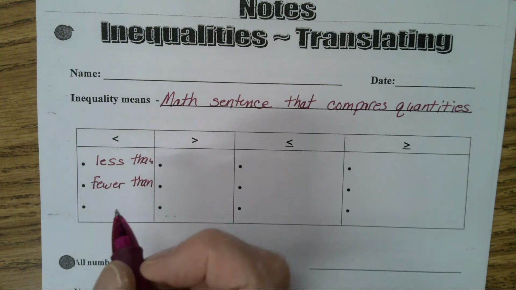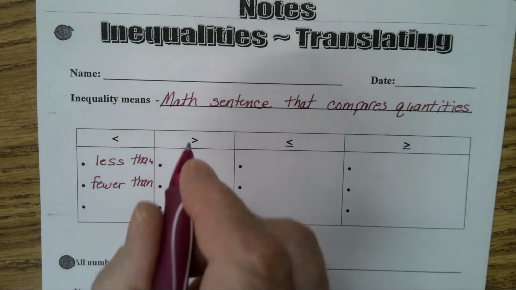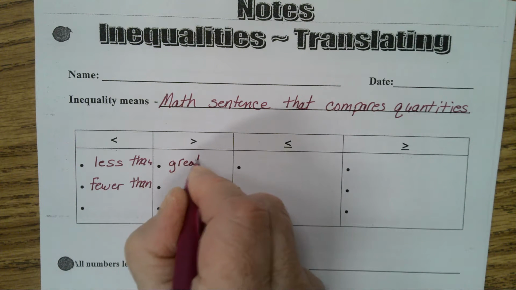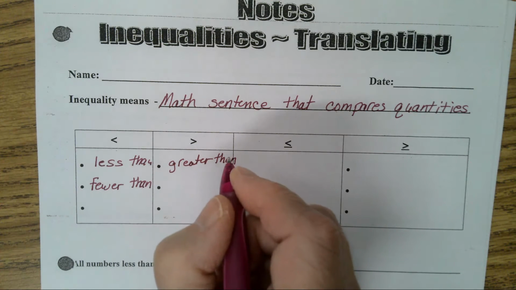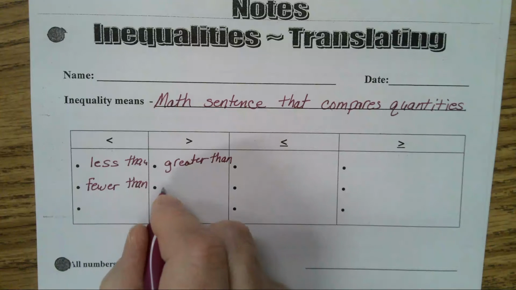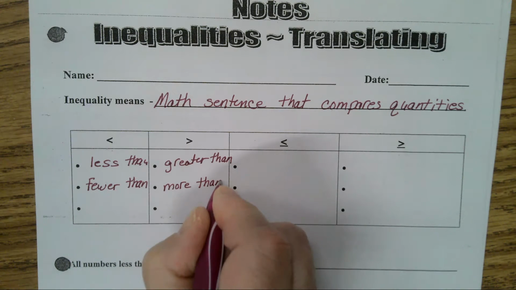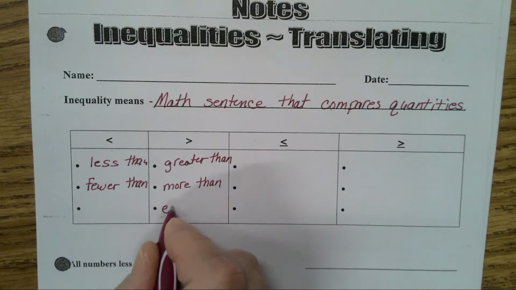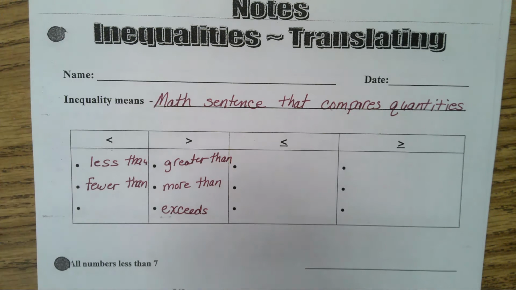Then on the next one, you have is greater than. That's the greater than symbol. And then they have is more than. And there's another one that you will see, exceeds. So write the exceeds. If it says something exceeds, it's going to be greater than. All right?